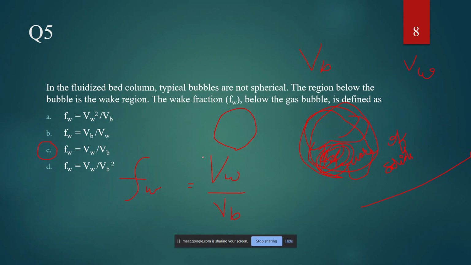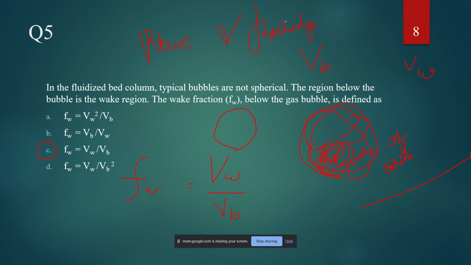Volume of wake is calculated using theta W, the angle of wake or the wake angle. This is from the model of Rowe and Partridge, 1965, where they defined that typical bubbles are not spherical, rather they have some wake left behind them.